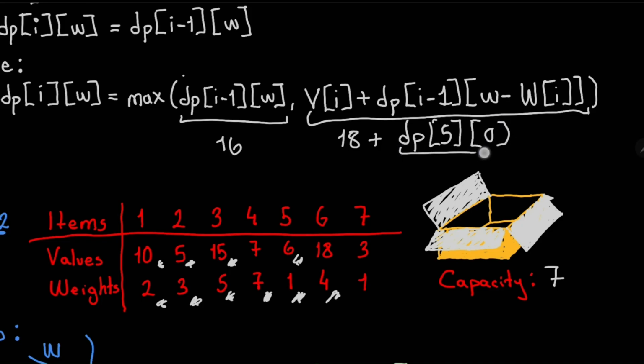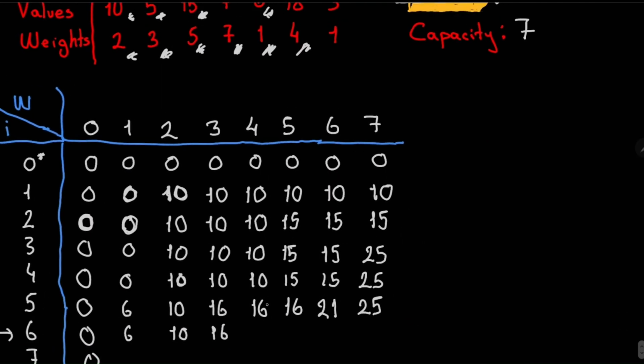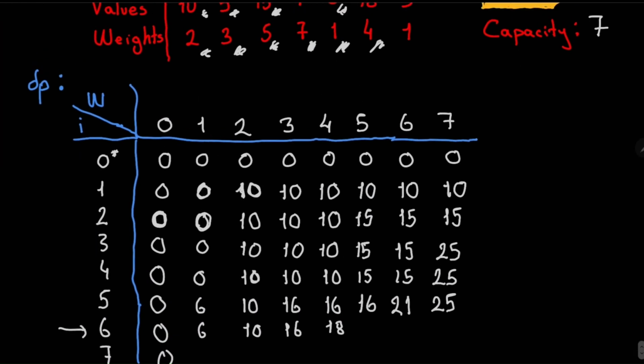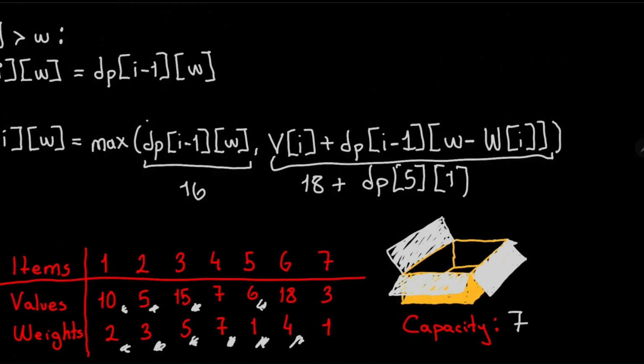So this part will be 0, and this whole expression will be 18, so we will take it, 18. When the current capacity is 5, 5 minus 4 is 1, so this right here, 6, 24.